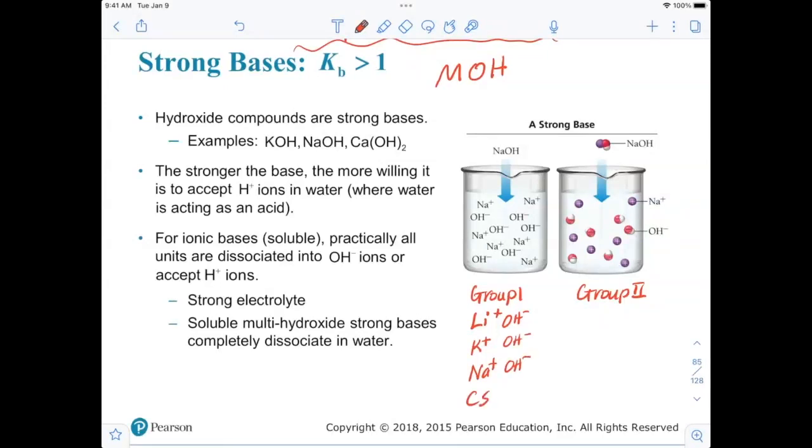Okay? Cesium. And so from these, actually, let me erase this right here so I can actually write the formula of the hydroxide. The hydroxides are lithium hydroxide, potassium hydroxide in no particular order, sodium hydroxide, and then cesium hydroxide.